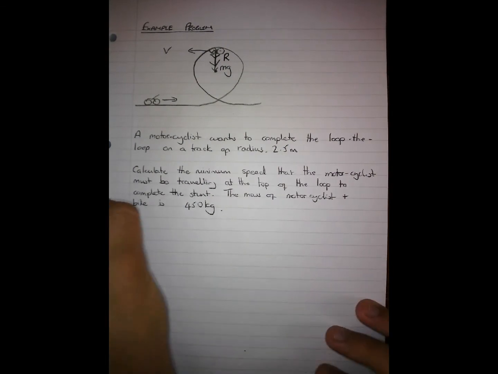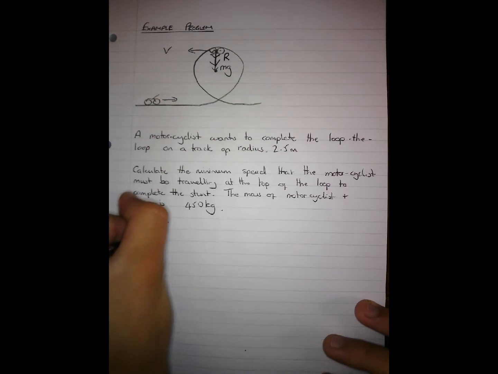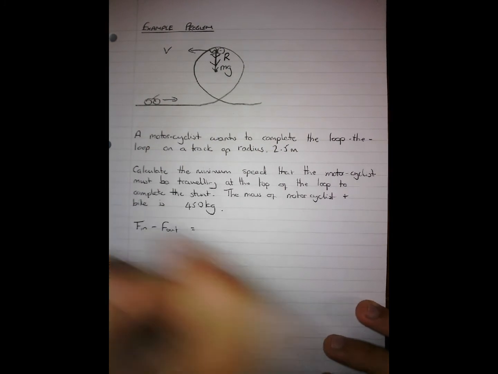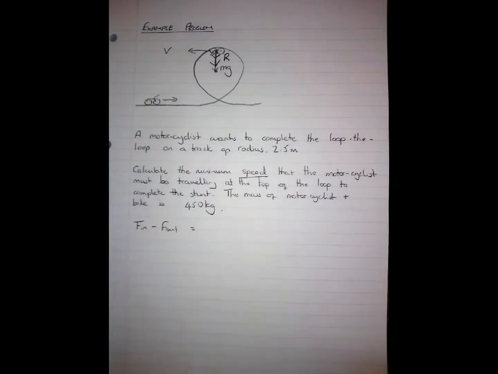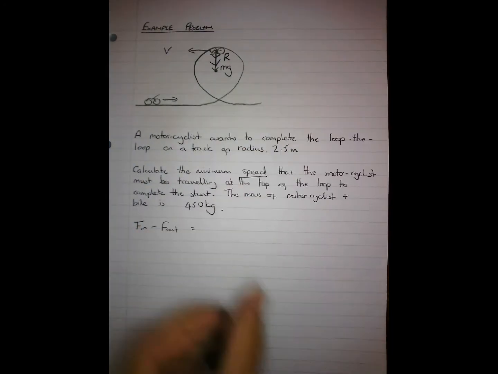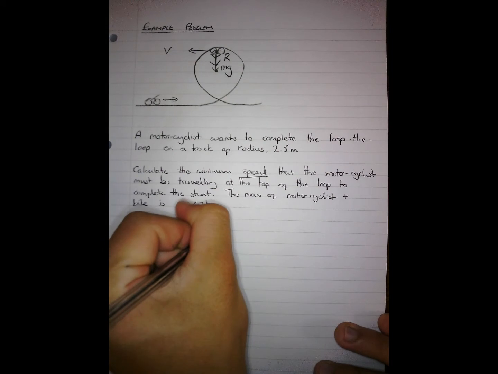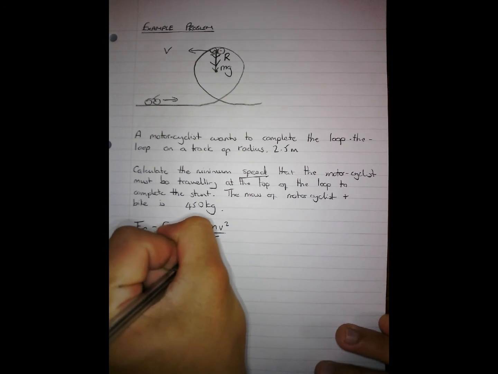We then apply our condition, force in minus force out equals, or which one does it make sense to use in this case? We want the minimum speed, not anything to do with the angular velocity, so we want the mv squared over r version.